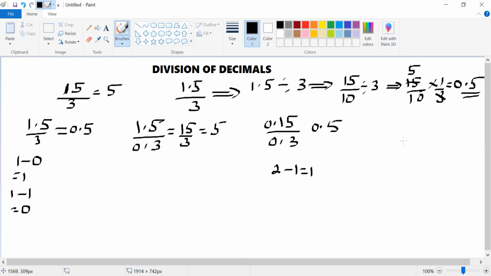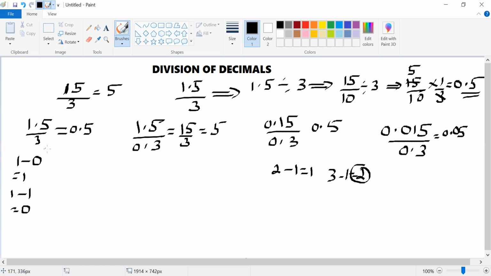Now, if it is 0.015 divided by 0.3, numerator 3 decimal places, denominator 1 decimal place. 3 minus 1, 2 decimal places should be in the quotient. On 5, 2 decimal places we need, so 0.05.